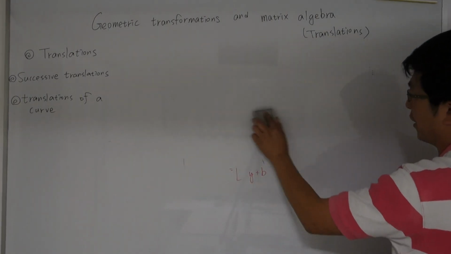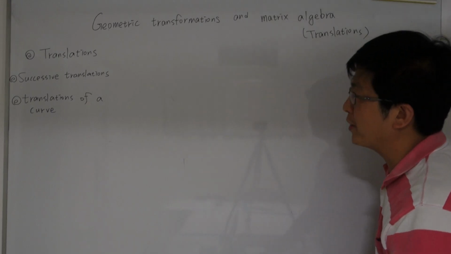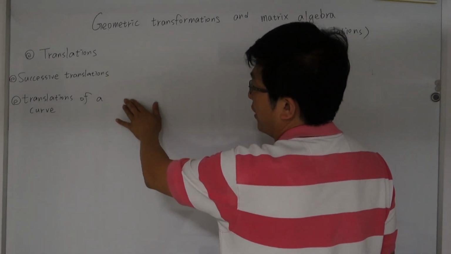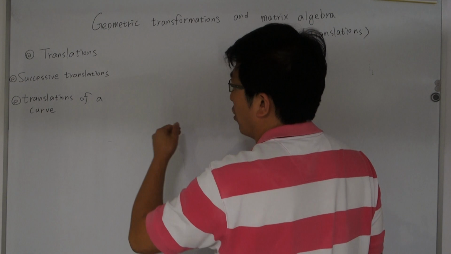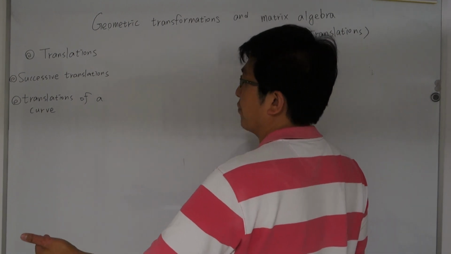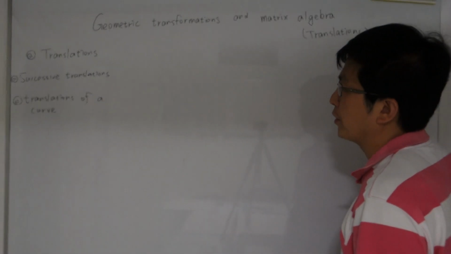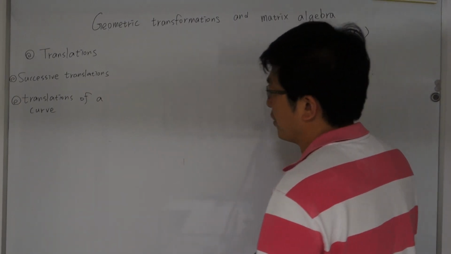Now I use examples. I give you 3 questions, and we talk about these 3 concepts: one is translation, one is successive translation, and then translations of a curve.